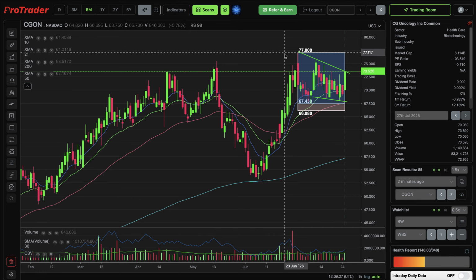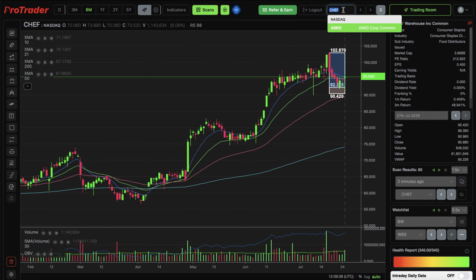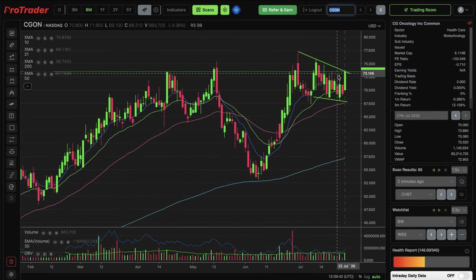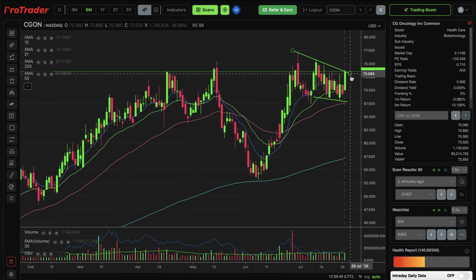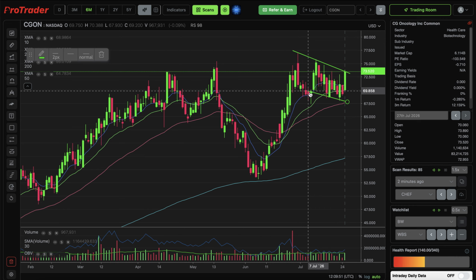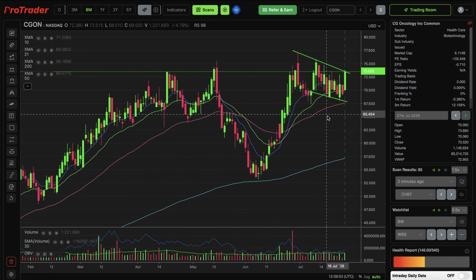Now, you can obviously wait until the stock breaks above $77 before entering that breakout with a buy stop order. Or, if you look at what's happening a bit closer in CGON, it's also kind of flagging here, and you can cheat and get in a bit early on a break of this down slope and resistance line. Obviously everything you do in trading has trade-offs.